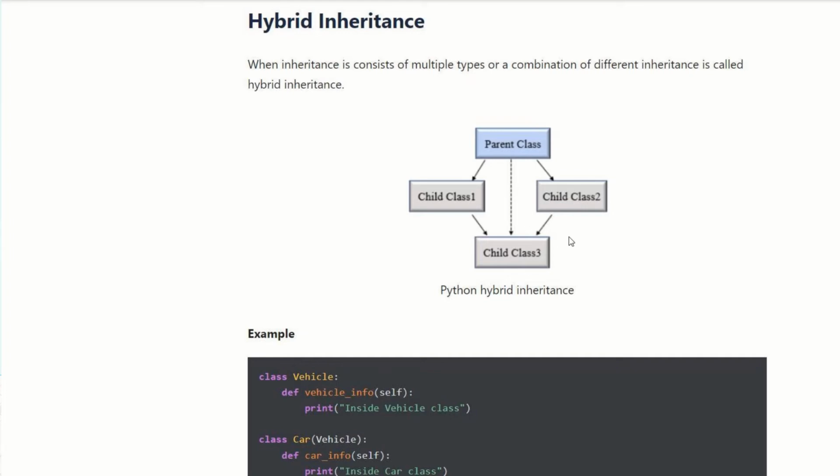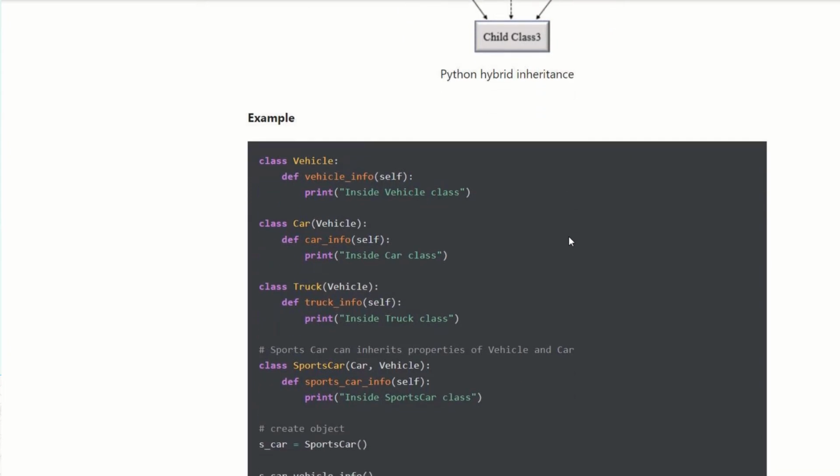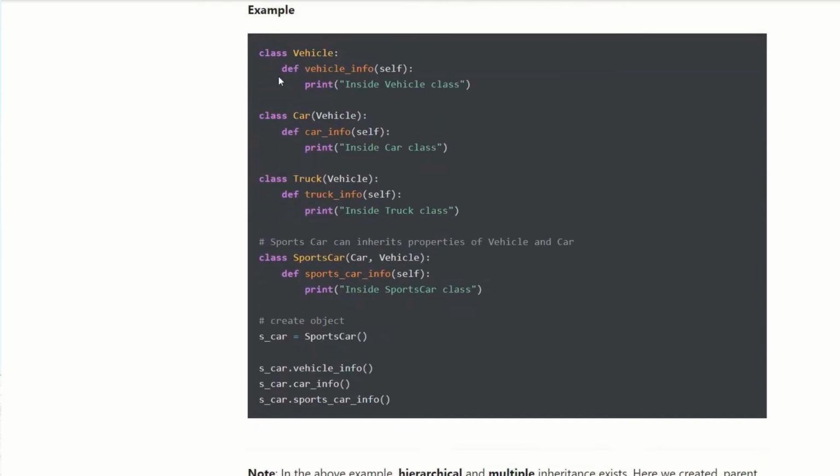Okay, so for example here, example of a hybrid. We have here a class vehicle and then a car, truck, and a sports car. So here we have car and truck which inherit the vehicle class. So unsa may tawag ani? What is this type of inheritance?